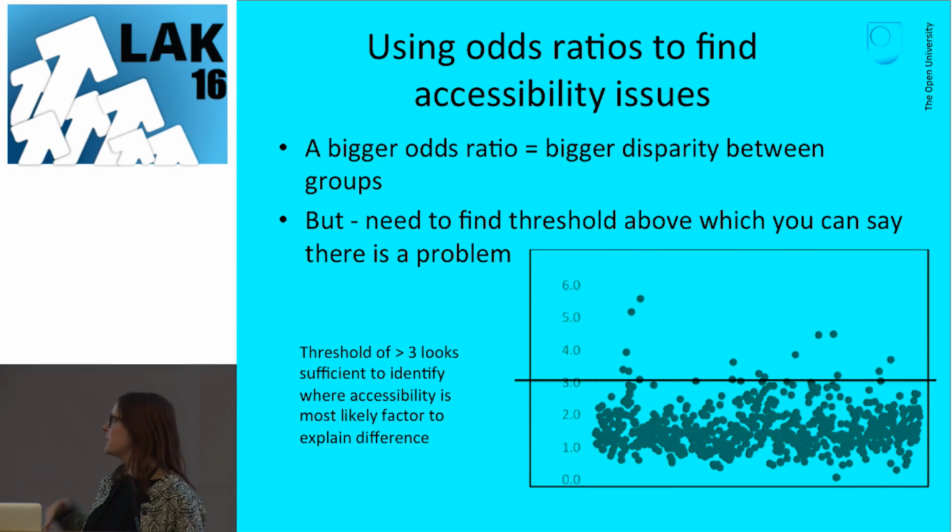So this graph shows how the threshold was discovered by identifying where are the ones that really are outliers that are significantly different to the rest of the population, because that's more likely to indicate that the reason for dropout was something to do with their declared disability rather than other reasons. So in this case, the threshold was set at about 3, and as you can see, that's a number of modules across the line that still, according to the analysis of those 5 years' worth of data, appear to be showing some problems in terms of accessibility for students on the module.